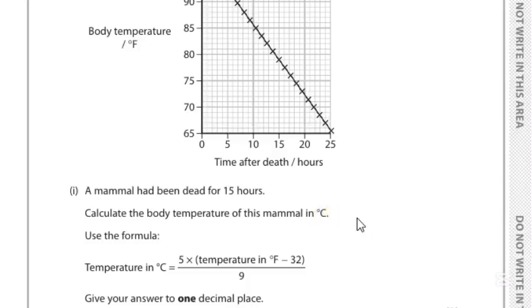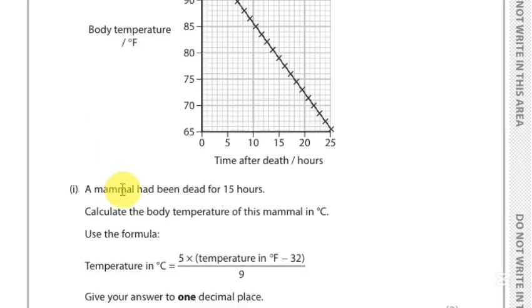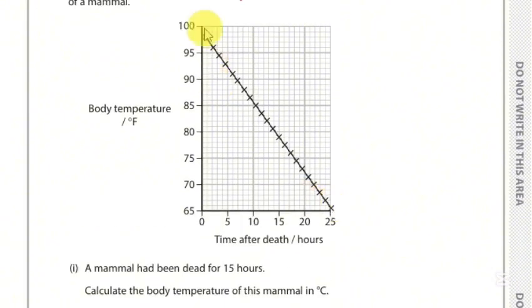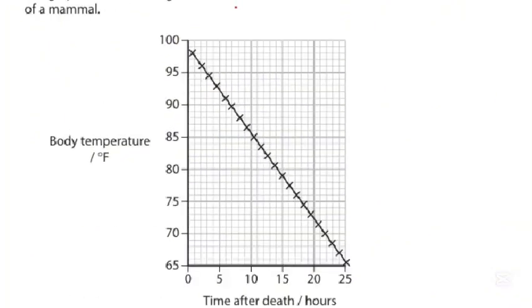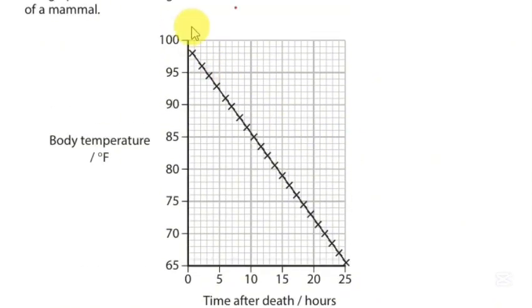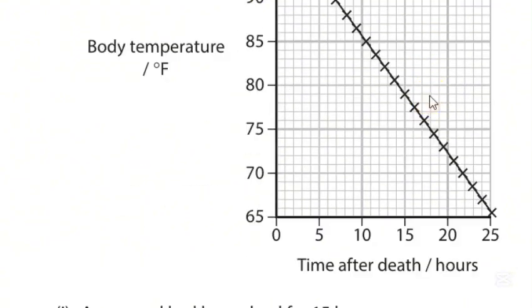So we need to calculate the temperature of the body when the time is 15 hours. We have body temperature in Fahrenheit, so we need to calculate in degrees Celsius, and they have given us the formula. So we need to mark out what the body temperature was at 15 hours. Let me zoom in for a better understanding.